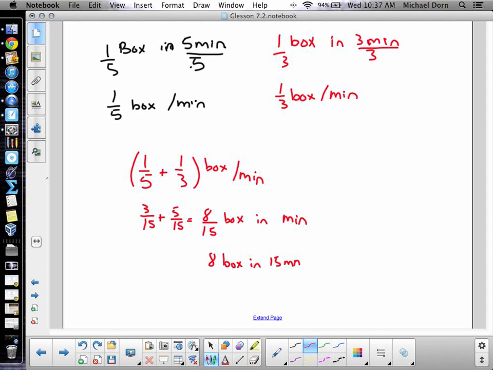Number 40. 90 feet of fencing enclosing the largest area. Which of the following would have the largest area? Basically, you just have to calculate the area of each one of these different things.